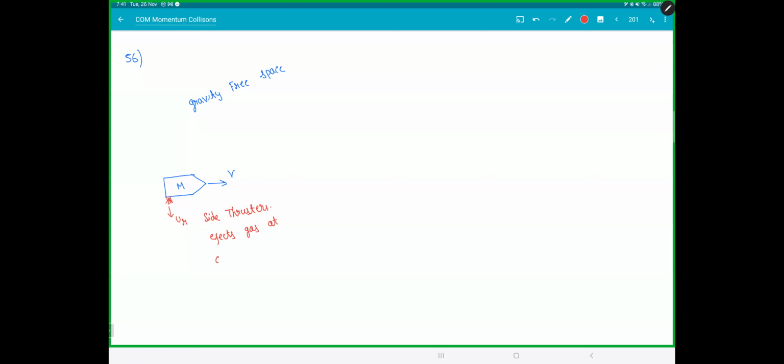It ejects gas at a rate of lambda kgs per second. And the side thrusters are perpendicular.